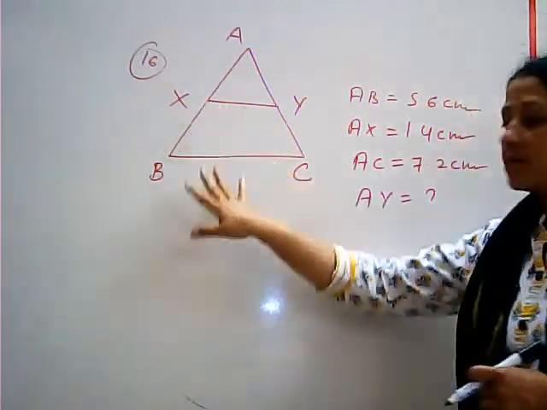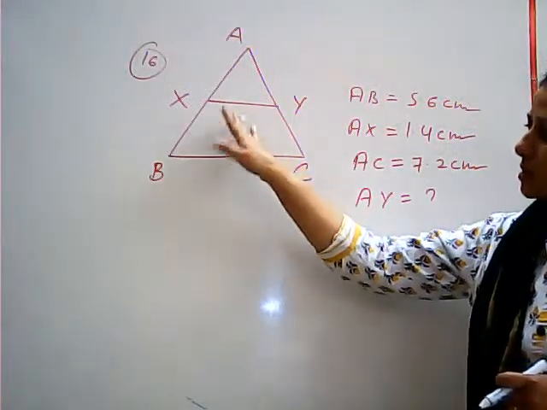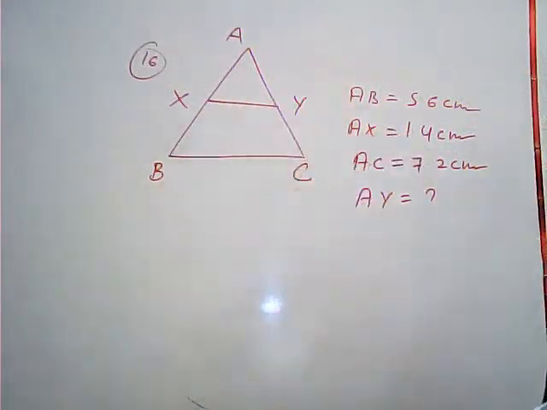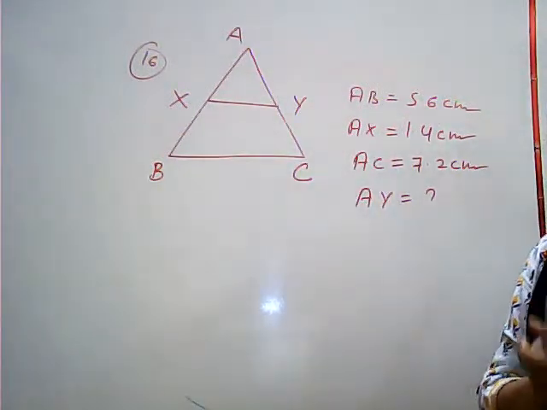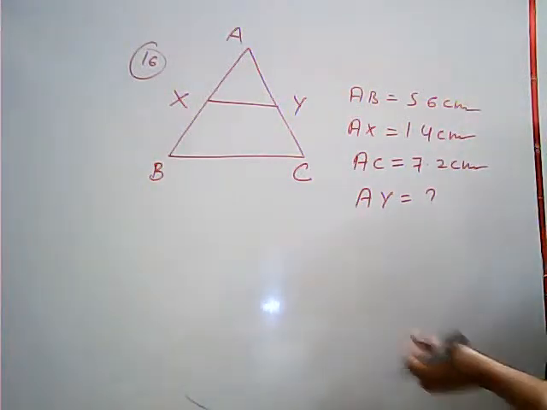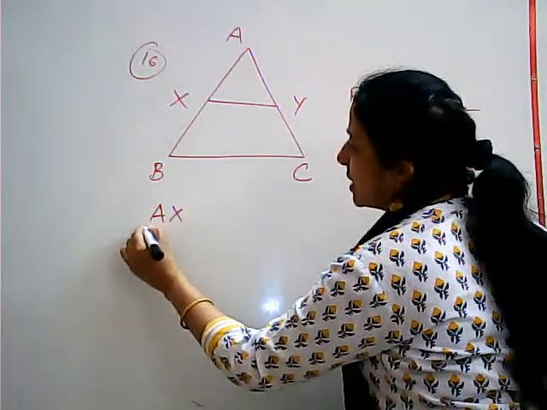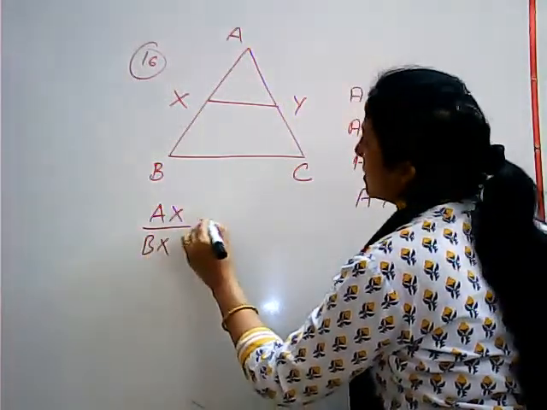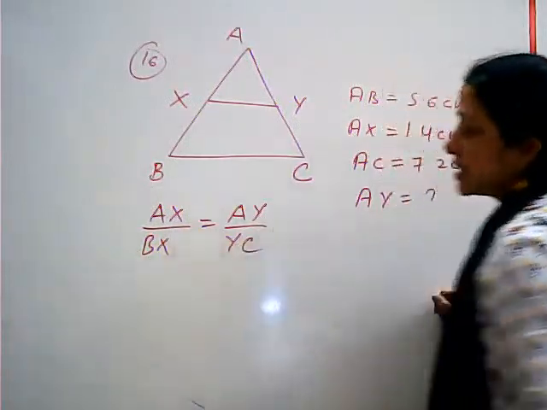If the lines are parallel, according to the converse of the BPT theorem, the ratios are equal. So if the ratios are equal, this also you will write AX over BX is equal to AY over YC.